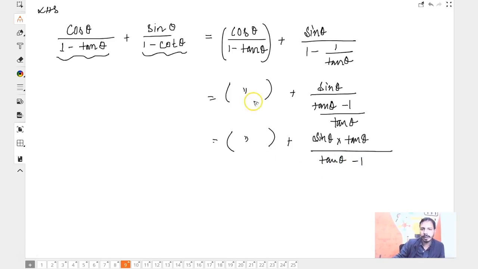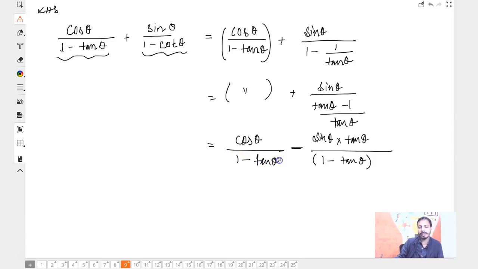Now guys, what I can do is, if you see in the left hand side, I have 1 minus tan theta. So why not I take a minus common from here and write this as 1 minus tan theta? So now instead of writing the plus here, I will rub this plus and write it as minus here. Now if you see the left part, what is there is cos theta by (1 minus tan theta).